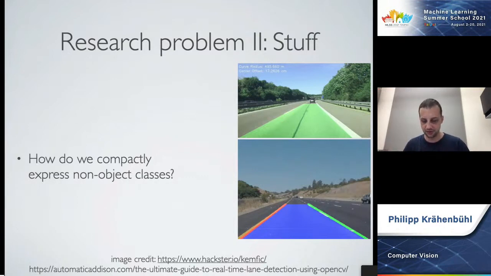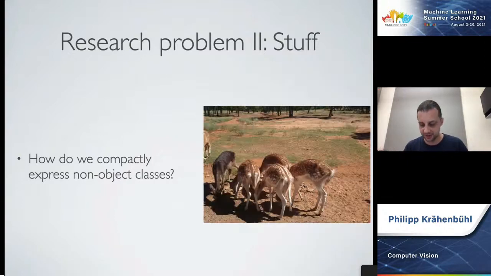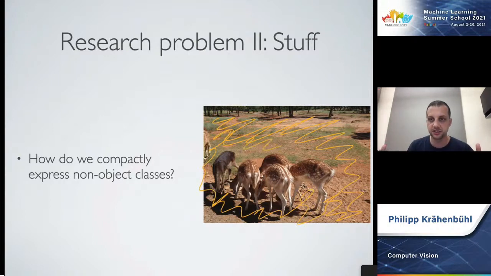But if you look at this other image here, how do you do this, for example, for ground? Can you come up with a parametric representation that is quite compact that describes the entire ground region? We can do this for deer. We can do this for objects like trees.